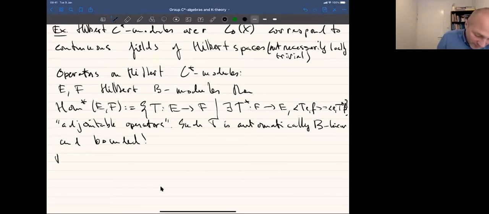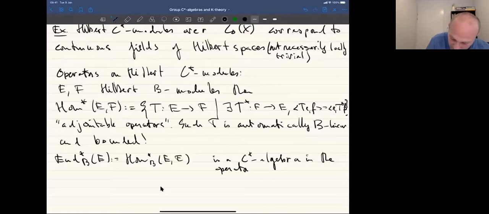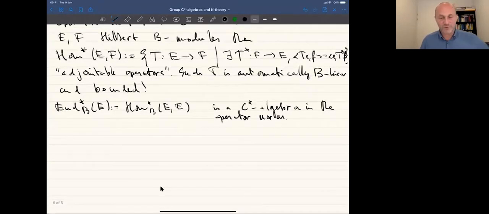Then we defined End star of BE to be just Hom star of E to itself, and this is a C-star algebra in the operator norm. So that's nice. And the operator norm is just defined as you're used to.